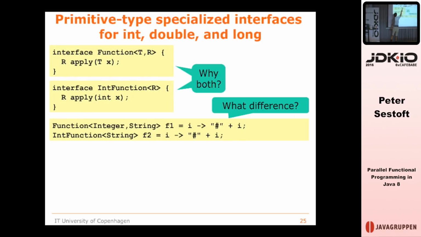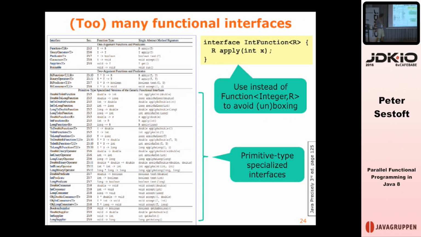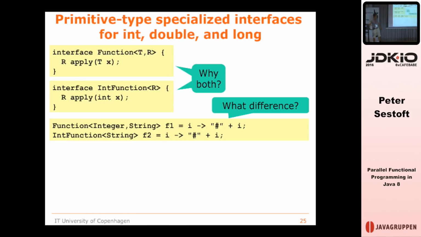We have both a Function from T to R, this interface here, and another interface called IntFunction<R>. It's hidden somewhere in this list here. An IntFunction<R> takes an int and returns an R. So this function on the right-hand side takes an i and returns "#" plus i, which obviously converts i to a string and concatenates the result.